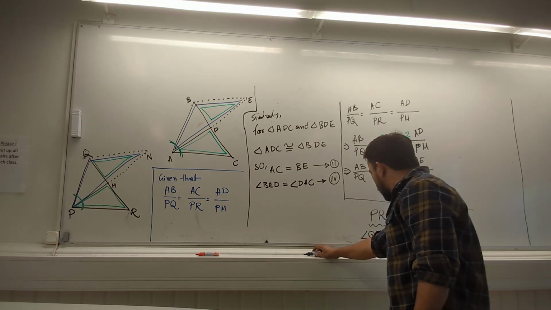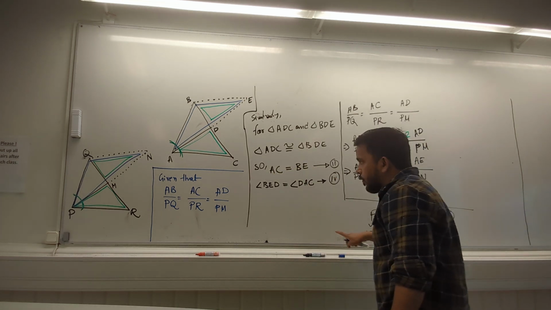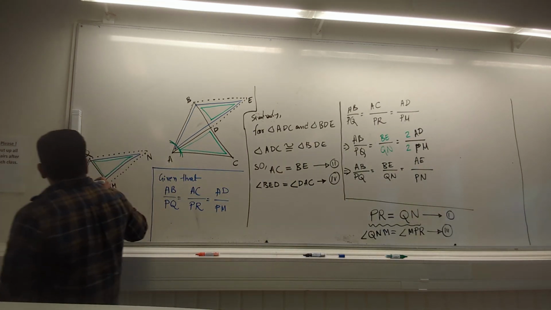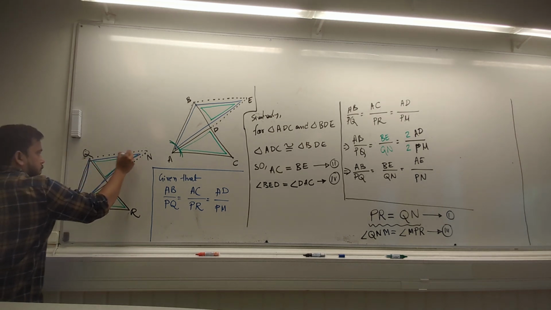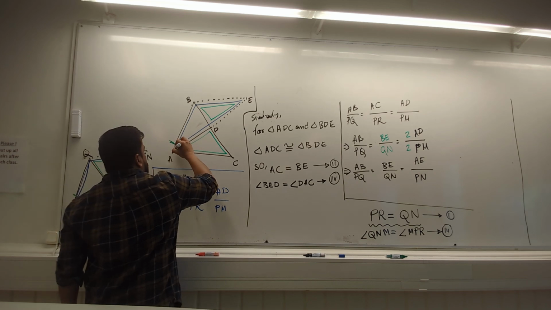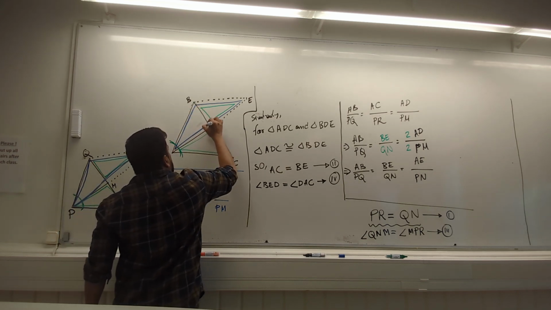Alright, now we see that AB, BE and AE, and PQ, QN and PN, are the ratios of the two blue triangles. You see these two blue triangles here, this is the first one, and that's the next one.